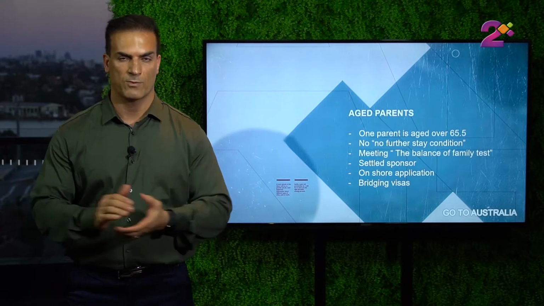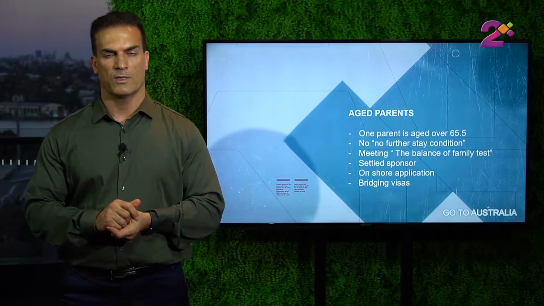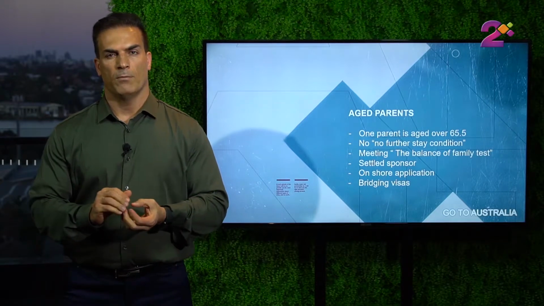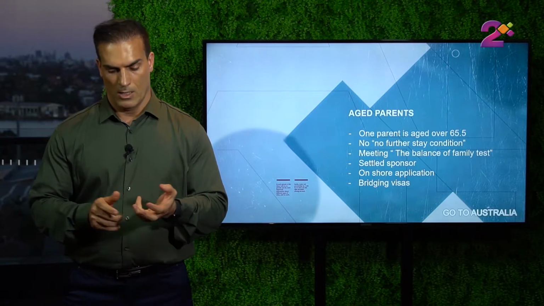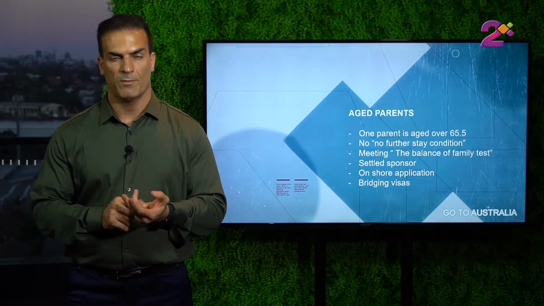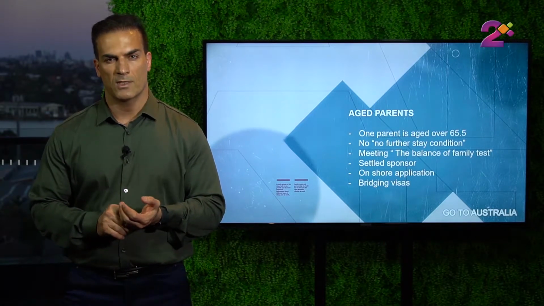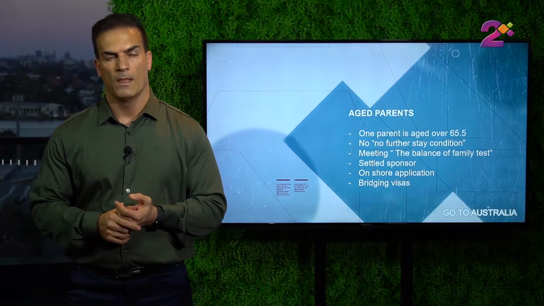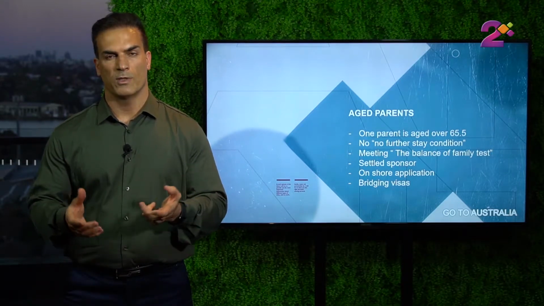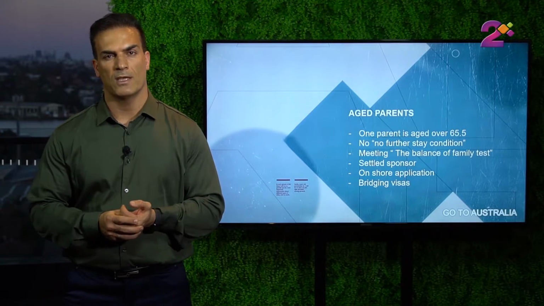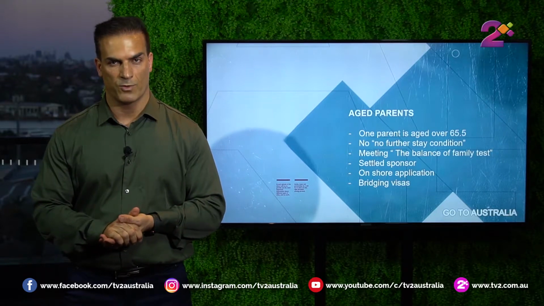Again, the two categories we talked about, and I'll explain the subclass and things like this. But the main requirement for these visas is that the parent, or one of the parents who would be the main applicant, should be age 65.5 and over. Your child should be a settled resident, and you need to meet the balance of family test, and you can then be in Australia and apply for those visas.